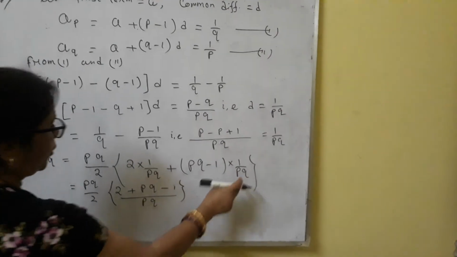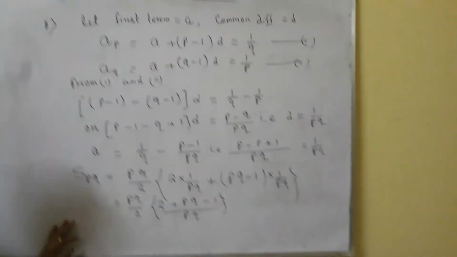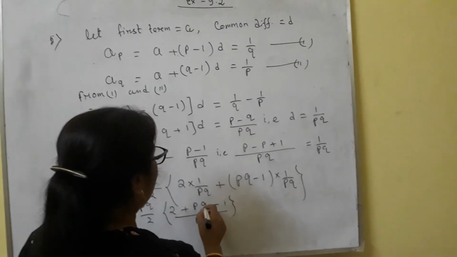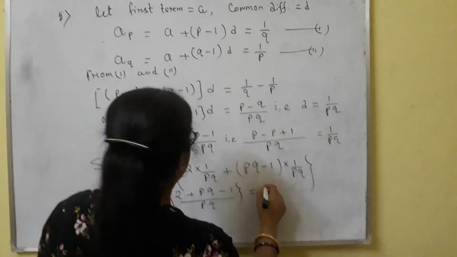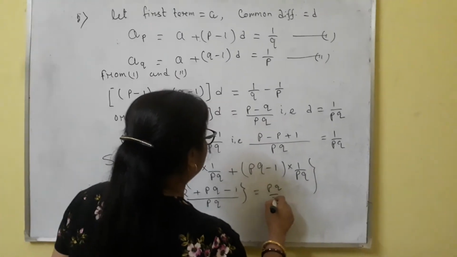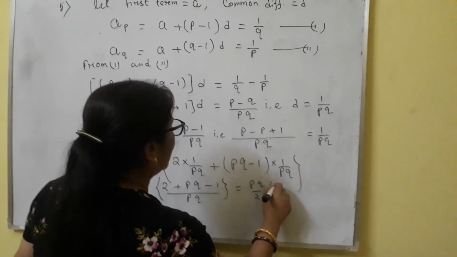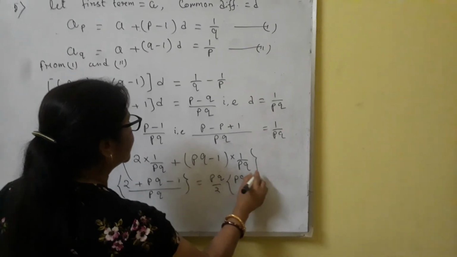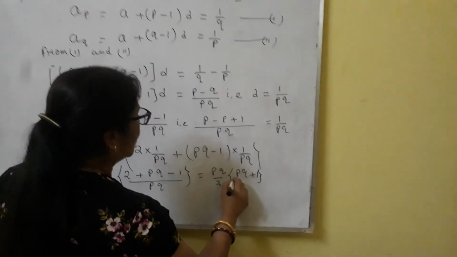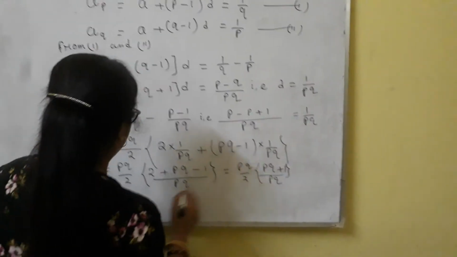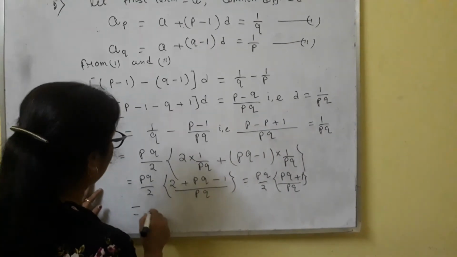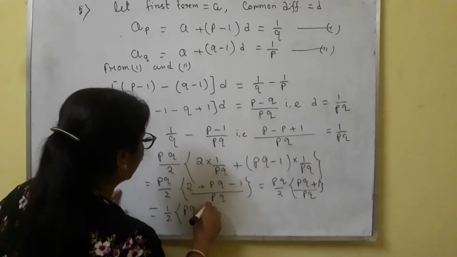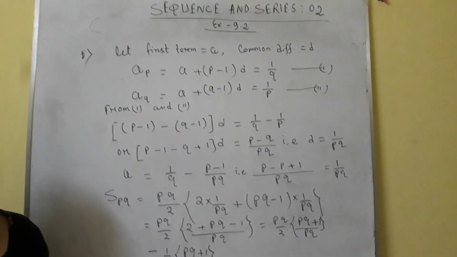Both have the same common denominator PQ. Simplifying, we get PQ by 2 into (PQ plus 1) divided by PQ, and simplifying we get half of (PQ plus 1), which is what was to be proved.